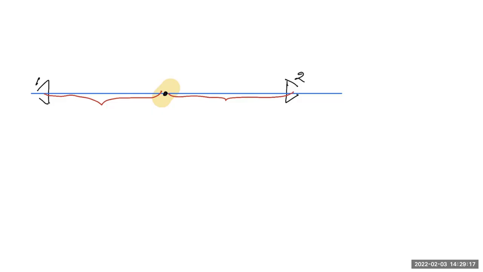So the first wave arriving at this midpoint at one moment, for example, pushes the air particles upward. At the same time, the second wave does exactly the same thing. It also pushes upward. So these two waves would enhance each other. The problem here is that sound waves are not transverse waves.